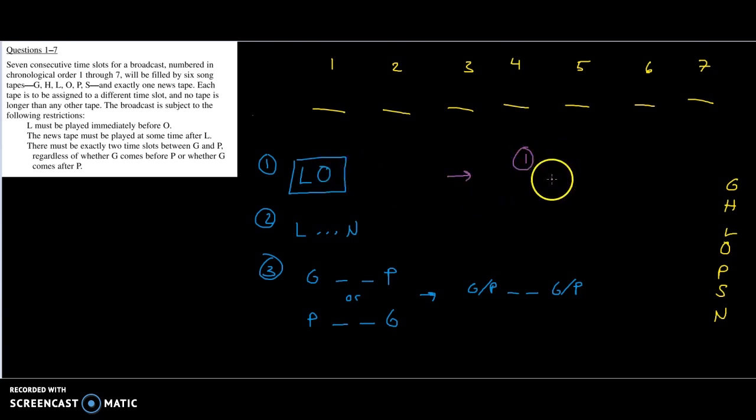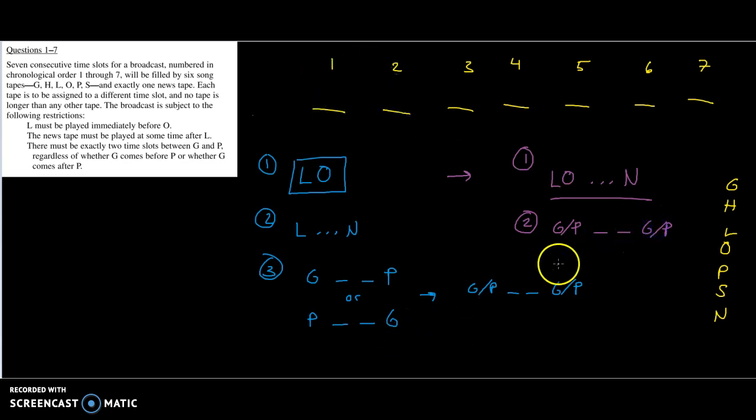It should look something like this: L, O, dot, dot, dot, N. If you think about that, we need O right after L, but we know N has to come somewhere after L, so putting those together, that's what we get. And then the other master rule, well, there's really nothing we can do here. G and P don't appear in any of the other rules, so we just leave that: G/P, space, space, G/P. And there we have it.